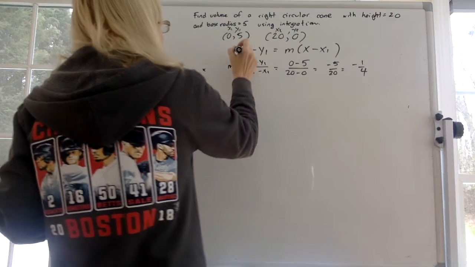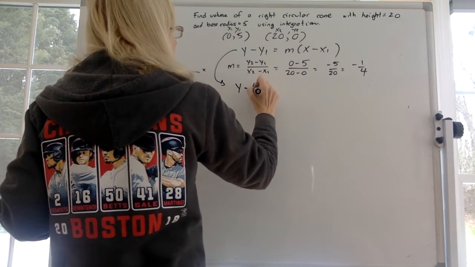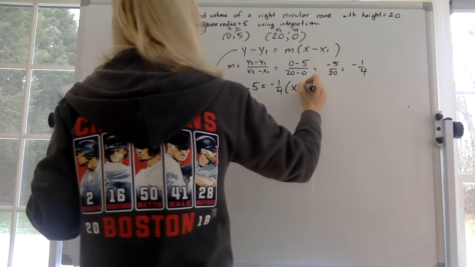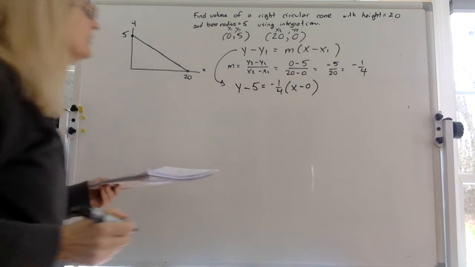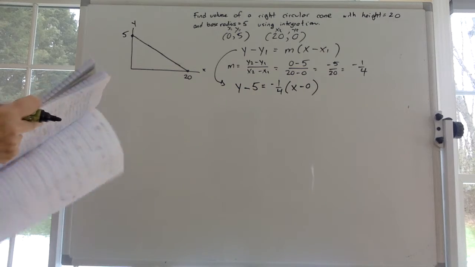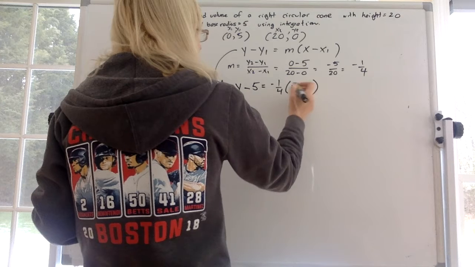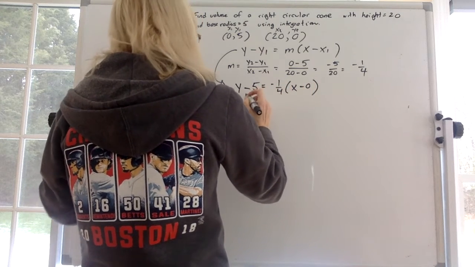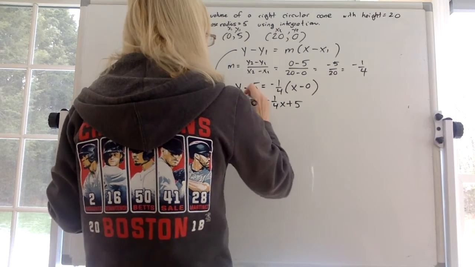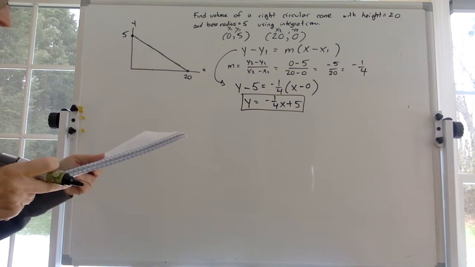So now we're just going to use our equation: leave y alone, plug y1 in, equals the slope, leave plain x alone, plug in x1. Right? So what do you get now when you solve for that? I'm flipping my page. If I distribute that and add 5 to both sides, I get y equals minus 1/4 x plus 5. Guess what, guys? That's the equation of our line.